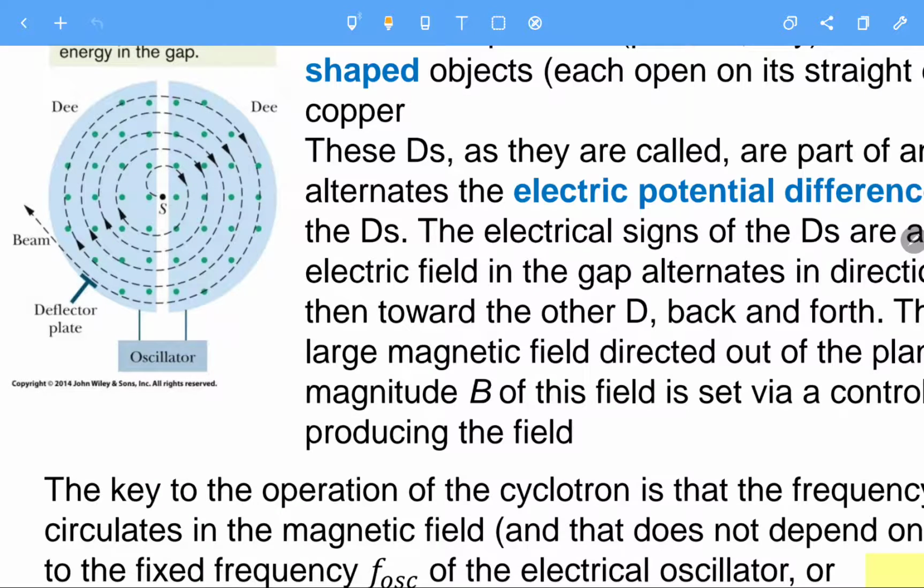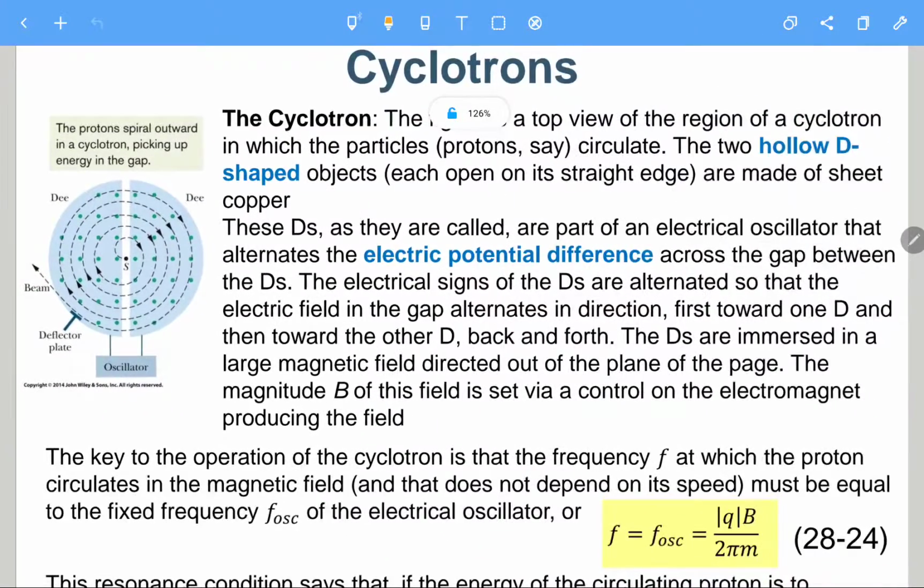There is a source in the middle to generate a particle to be accelerated. And then we have two D shapes, one D shape here and the other D shape here. Within this area, we will generate a uniform B field, which is out of the page.